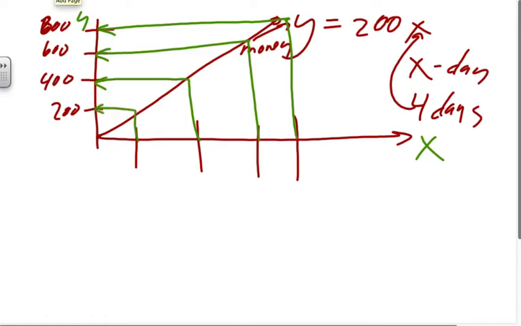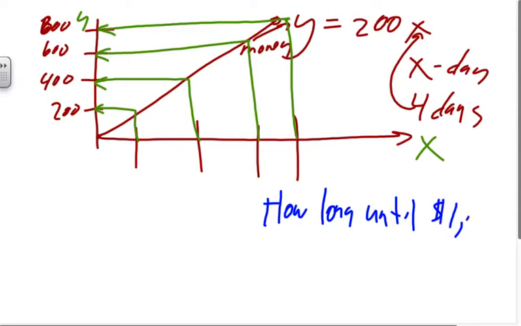Okay? Now, let's turn this question around. You got arrested, and you're going to need to post bail. So how long until you have $1,000? All right, this is how long you're going to have to sit in jail.